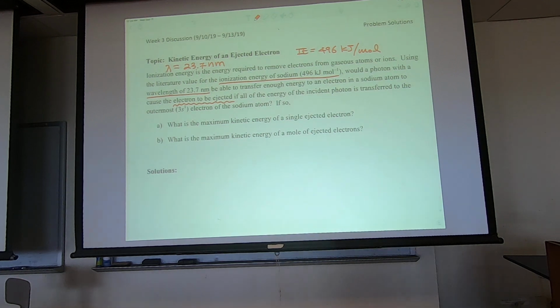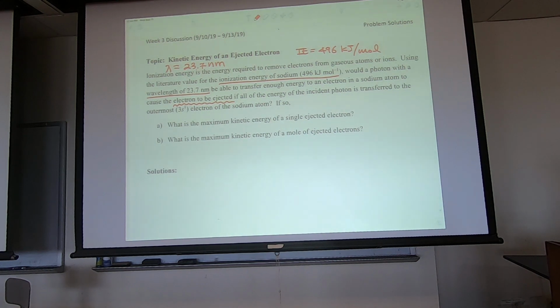If I shine light on this metal, the electrons are bound to the atom, so they have a lower energy than the zero energy state. But if you put the energy in, they will start to come out, and any excess energy will be used to move around. This is a diagram I like to draw here.